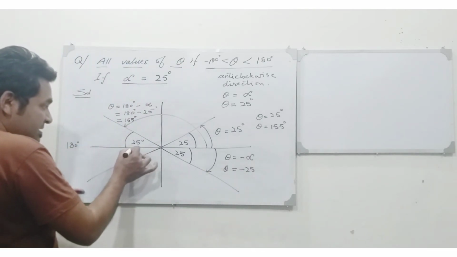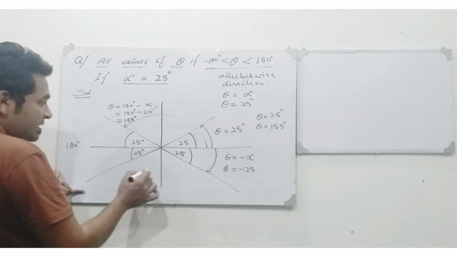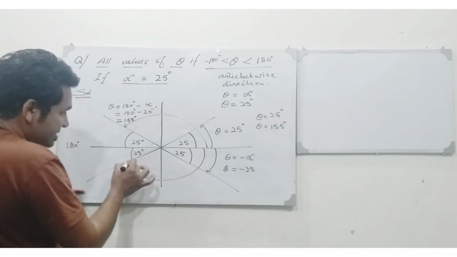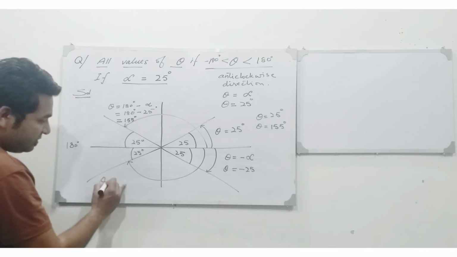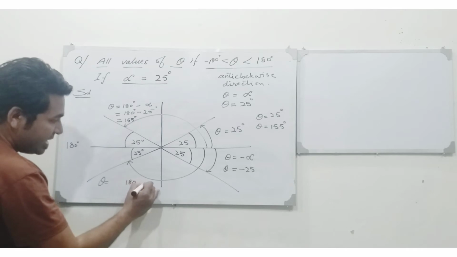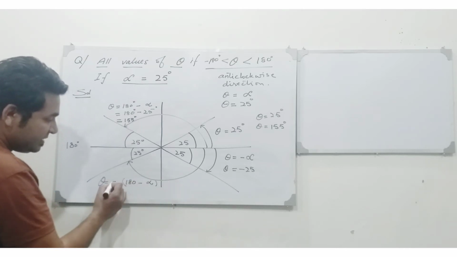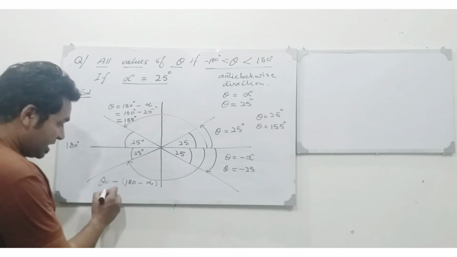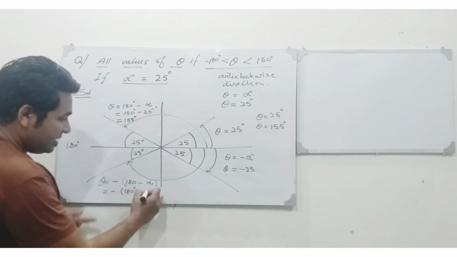When the basic angle is here, for example 25, you will move from here till here in clockwise direction, and the value of theta will be 180 minus alpha with a negative sign. If you have watched my previous video, you can easily get it. Now just substitute the value of alpha, that is 25.